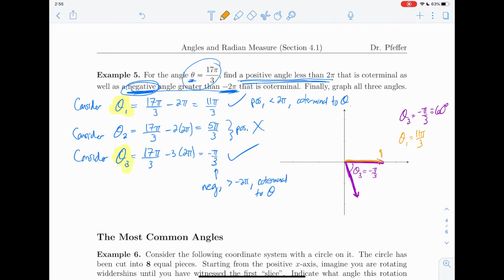And this is going to be 1 full revolution along with a 5 pi over 3, because you could rewrite this as 5 pi over 3 plus 2 pi. So this is going to be 5 pi over 3, which is this angle, along with a full revolution. So we're going to continue like that. This is going to be theta 1, which is 11 pi over 3.